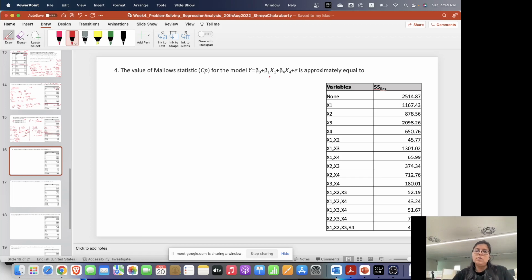In this one I have been asked to calculate the value of the Mallows statistic, that is Cp.